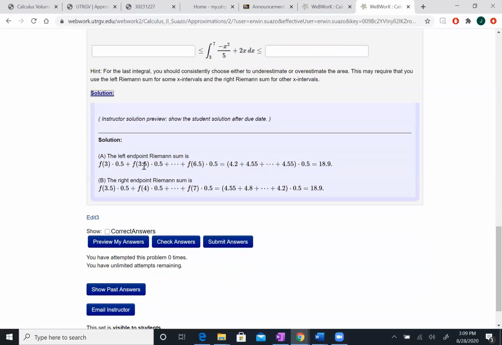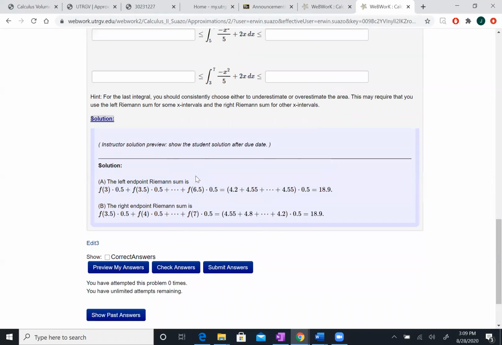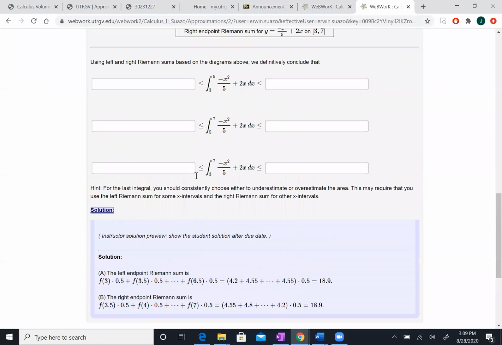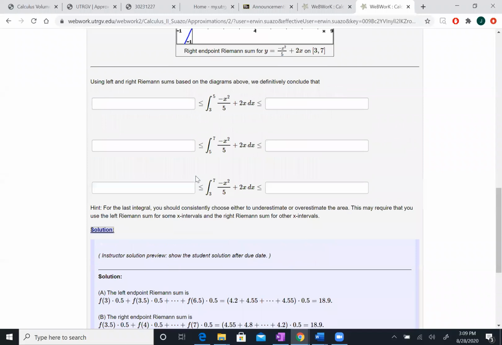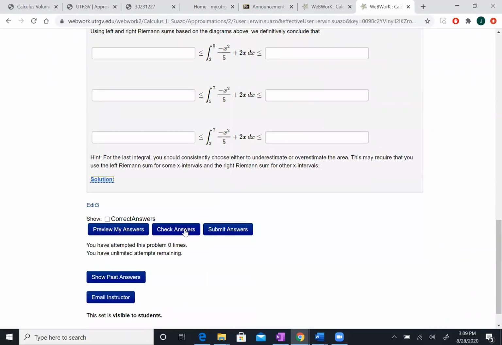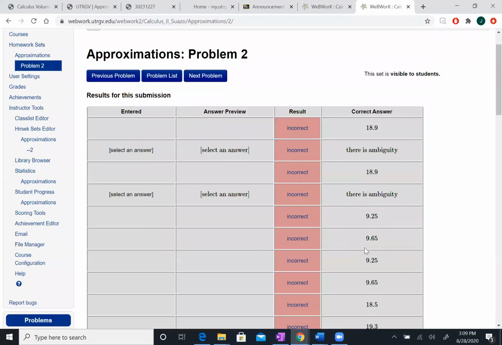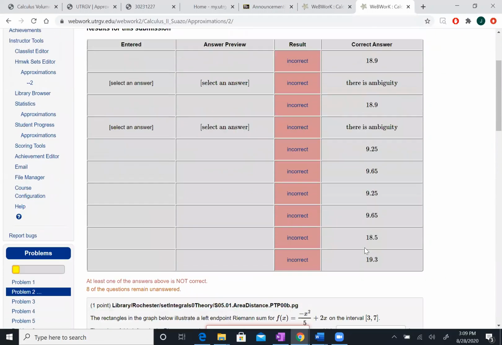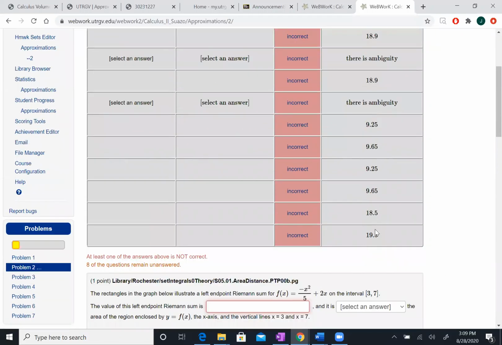These are the left and right-hand sums. I think this probably has a typo. Let me check. Maybe it should be only one.